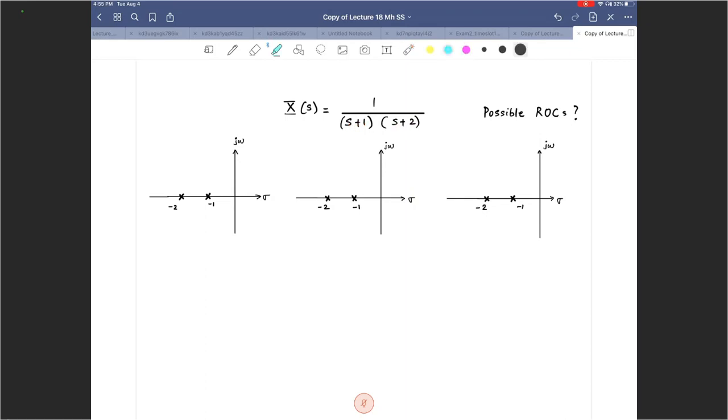So I have quickly marked the pole at -1 here, here, and here, 3 such cases, because I know that the possible regions of convergence could be in 3 cases. So that's in yellow. The second term here in the denominator, which is s plus 2, which gives you a pole at -2, those are going to be marked by blue lines over here. So what are the possibilities of regions of convergence? They should exclude the poles and they can extend towards infinity.